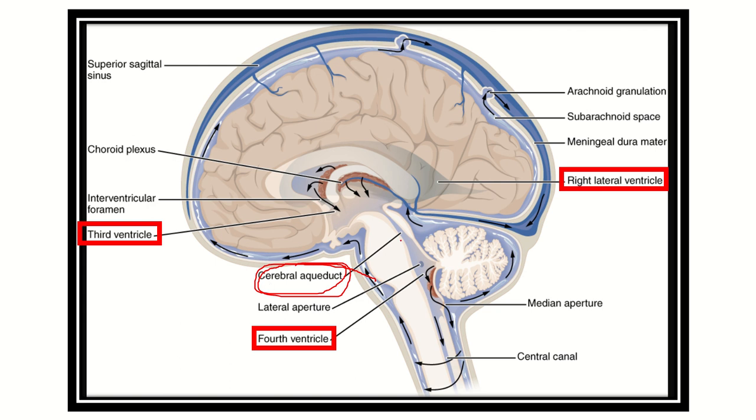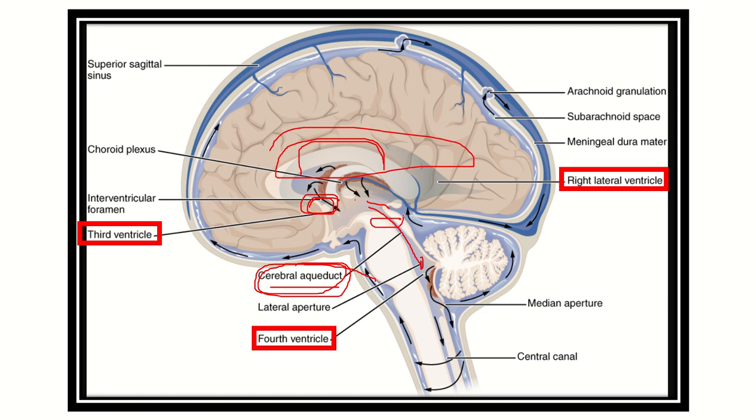The cerebral aqueduct, or aqueduct of Sylvius, carries the CSF circulation from the third ventricle to the fourth ventricle. If obstruction occurs here, then CSF accumulates in this area and it causes hydrocephalus.